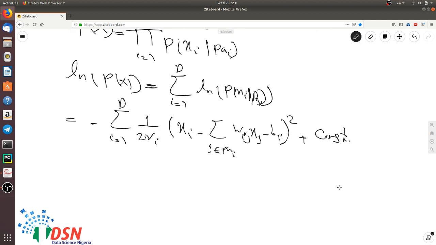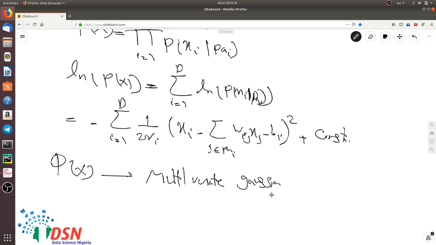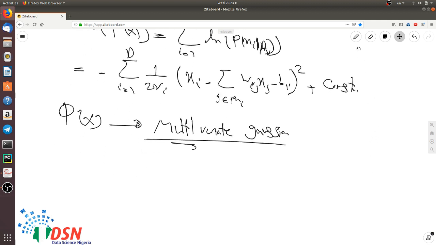Okay, now as you could see, p of x itself is a multivariate Gaussian distribution. So we could extract the mean and covariance of this distribution. To achieve the mean, we could use a recursive algorithm.